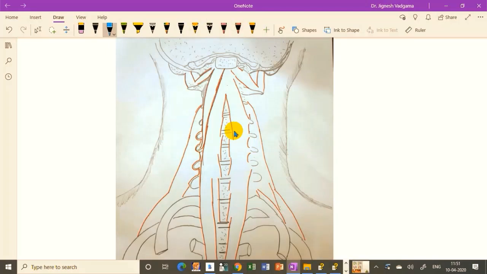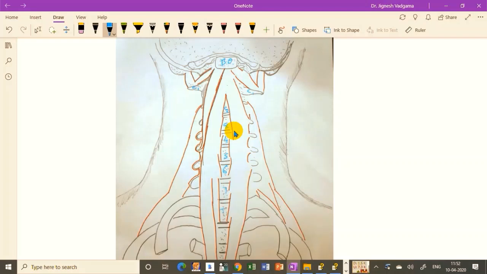This is the basi-occiput, and this is the coronal section of the skull with the anterior aspect of the vertebral column. And here this is the transverse process of the C1. This bone is the C2, C3, C4, C5, C6, C7.